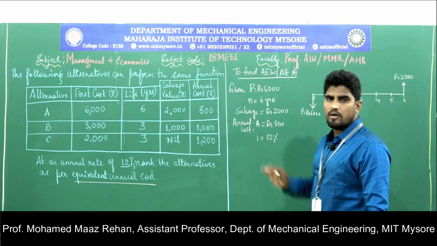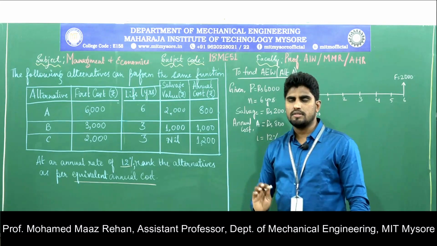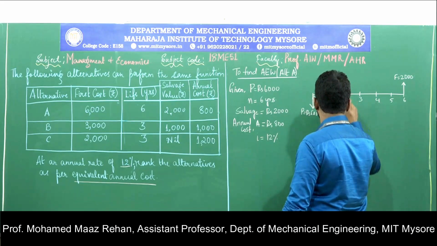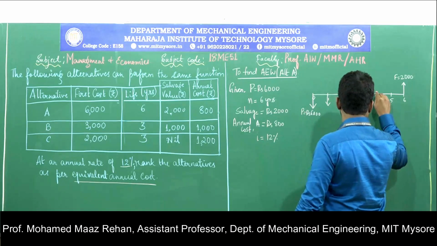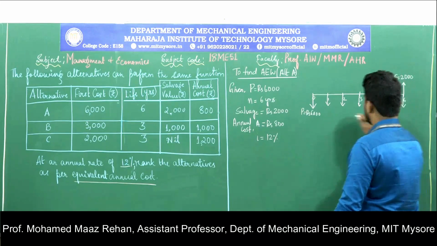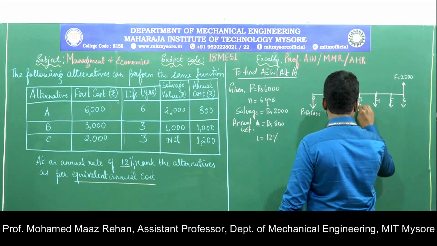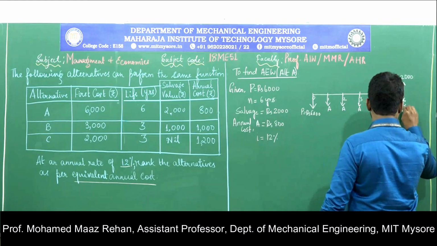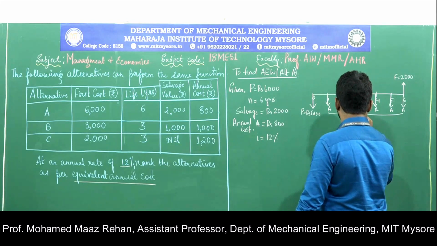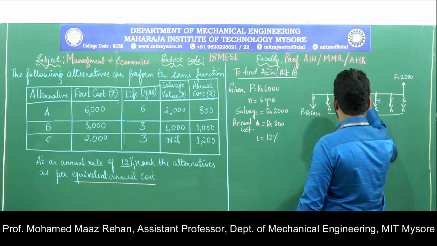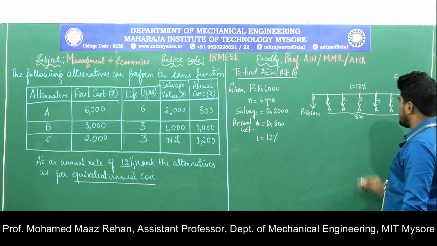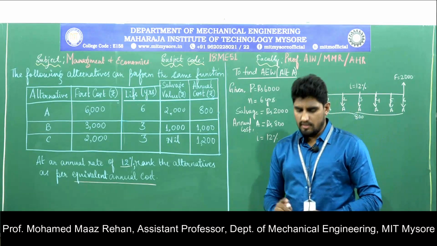Annual cost they have given, not annual revenue, so it is downward arrows, right? These are all A. A they have given as 800. Rate of interest they have given as 12%. This is the cash flow diagram for the given alternative.